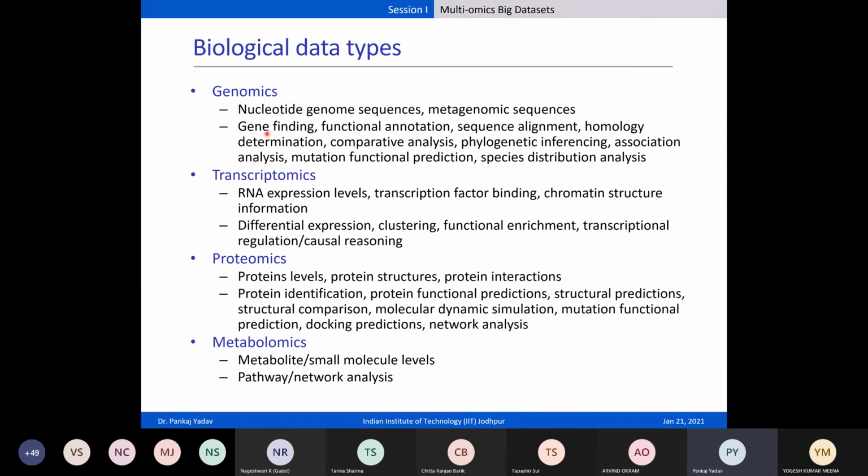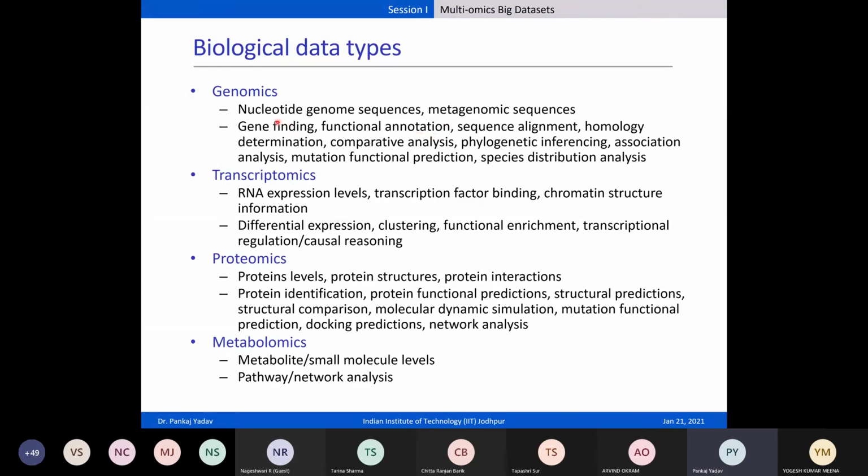So apart from that, one can do gene finding, which means you can identify novel genes, that is, which regions of this sequence are coding for some kind of protein or any other factors. And then you can also do functional annotation.